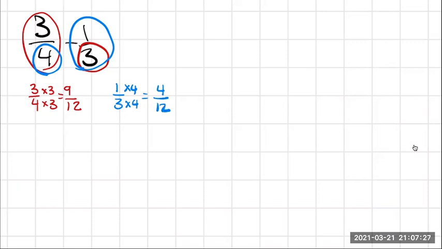So now we can do 9/12 minus 4/12, which is equal to 5/12. Easy peasy lemon squeezy.